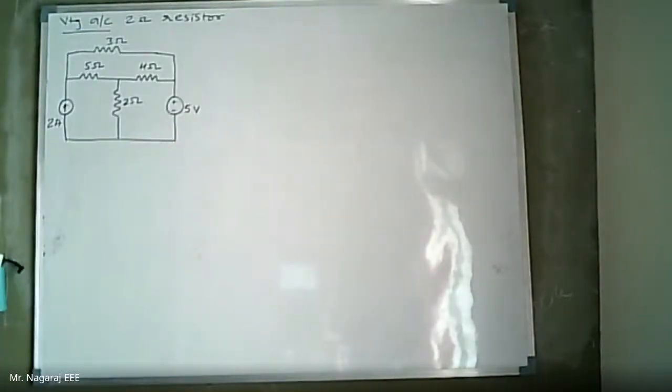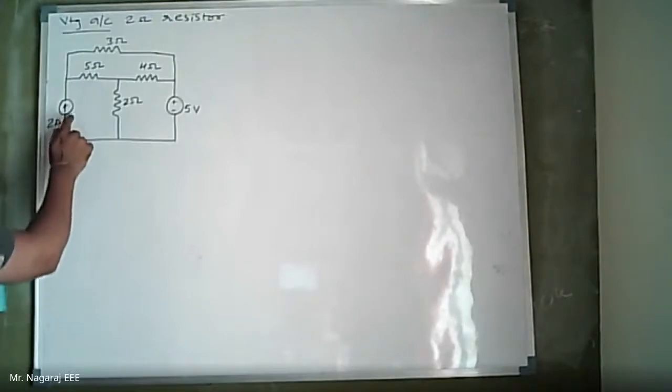If I have to take the source shifting of the current source, then I will be shifting this current source of 2 amperes across the parallel branches to this source. The branches which are parallel to this source are 5 ohm and 2 ohm. After shifting this current source across the parallel branches, I will be keeping this branch open, because I am taking the source out from this branch and keeping it across 5 ohm and across 2 ohm.